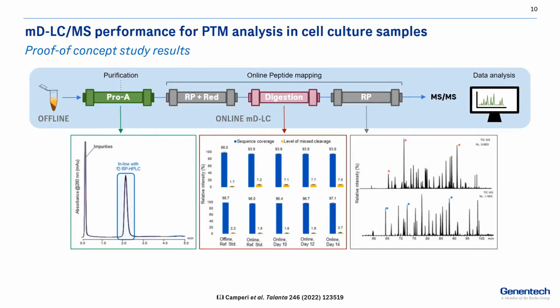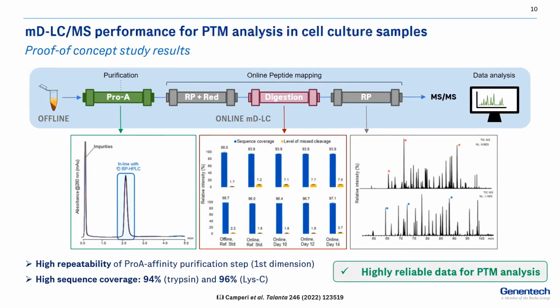On this slide, we can get a good idea of the quality of the data generated with this workflow. On the left, we have the overlay of the protein A data with 12 injections, showing how highly reproducible the system is. Then in the middle, we can see the sequence coverage for trypsin on top and Lys-C at the bottom. The missed cleavages were about 2% for Lys-C and slightly higher for trypsin at 7%.